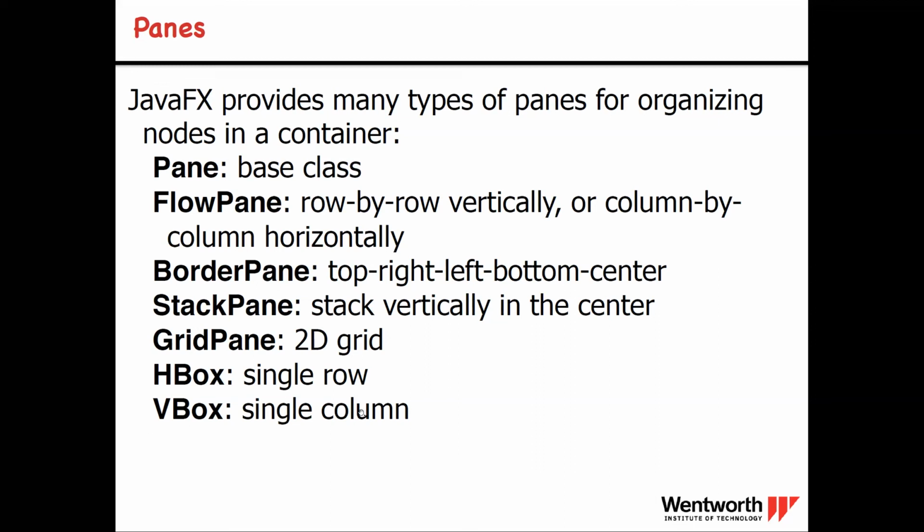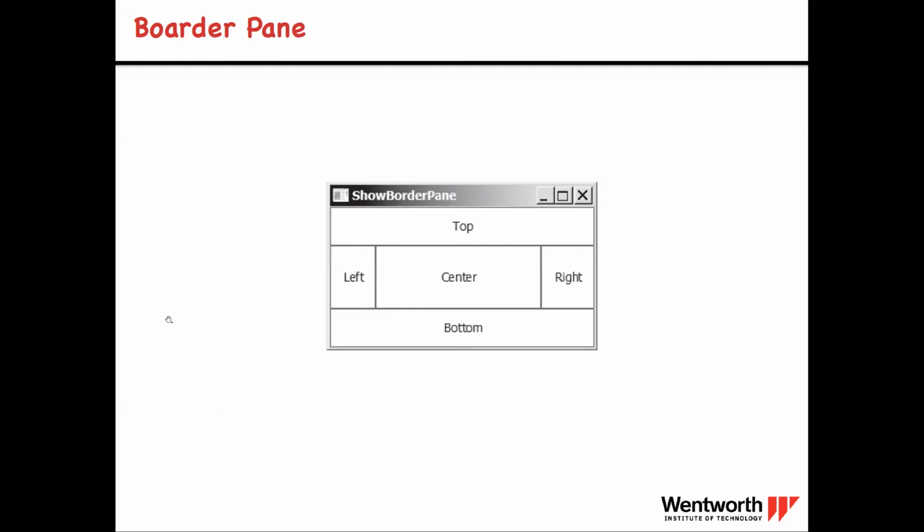Now, keep in mind, you can add these things on top of each other. So you could have a stack pane in the center of a border pane, or you could have a grid pane in the center of a border pane. So these things all stack. You don't just have to pick a pane and that's all you use. You can stack many of these things together. So here's what the border pane looks like. You have a top region, a bottom region, left, right, and center. So you can put things in the individual regions.